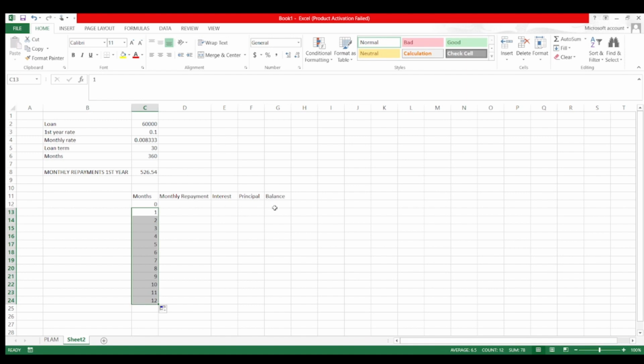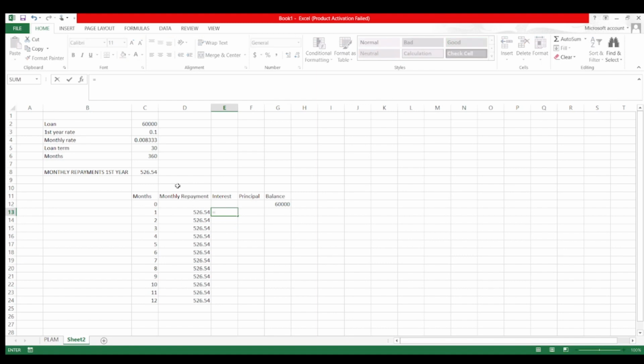So here, let's note we had 60,000. The monthly repayments will be equal to this amount, which is 526, which you can simply lock in so that you drag it down to the end of the period. Now for the interest, you take the monthly rate multiplied by the loan balance.